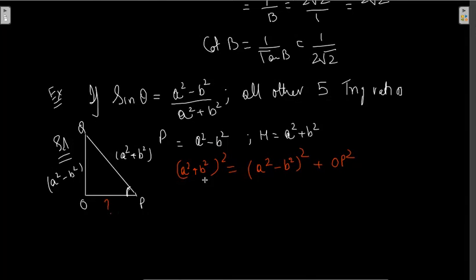Now, it is simple: (a plus b) whole square and (a minus b) whole square. So what is a square plus b square whole square? In this case it becomes a raised to power 4 plus b raised to power 4 plus 2 a square b square.